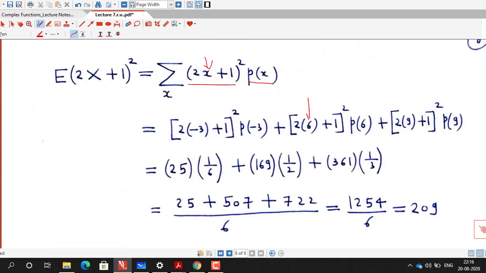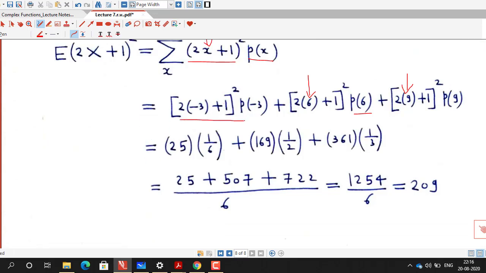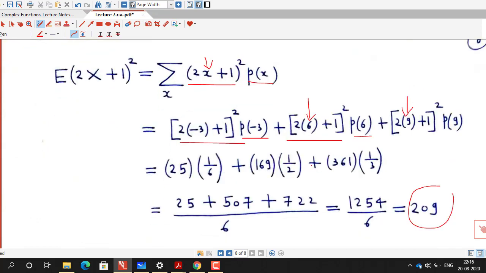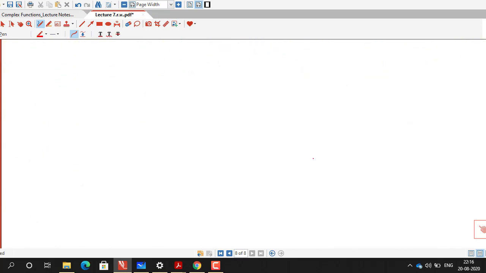Second value of x is 6: 2 into 6 plus 1, square, into p of 6. Third value of x is 9: 2 into 9 plus 1, square, into p of 9. After simplifying all this and putting the values of p of minus 3, p of 6 and p of 9, we obtain that expected value of (2X plus 1) square is 209.